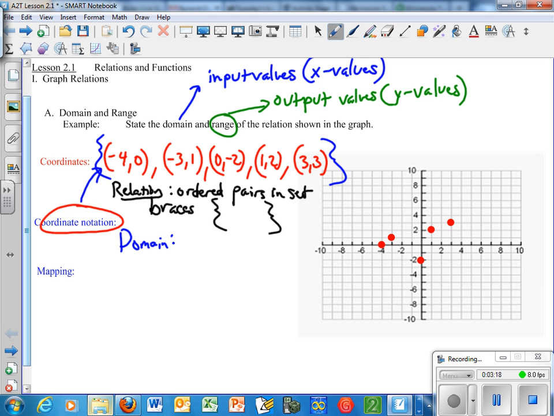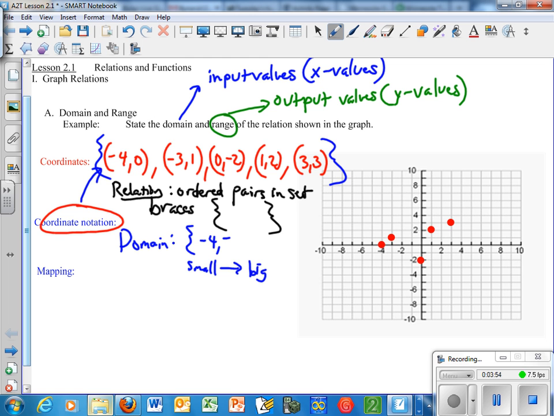If they asked us to list the domain, it is the set of all input or x values, and you need to use set braces. We usually go from small to big, so in order from smallest to biggest with our x values. Since we went left to right with our points, our x values are pretty much in order. So it'd be -4. Now, we're not listing them as ordered pairs because we're just doing the domain, what set is in the domain.